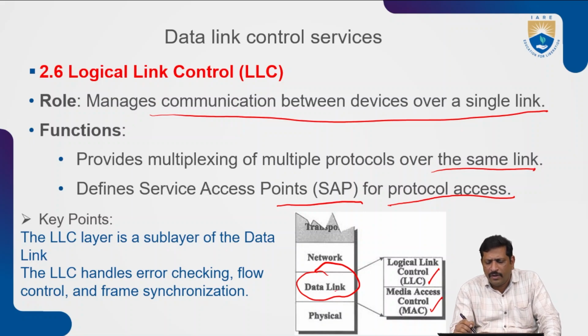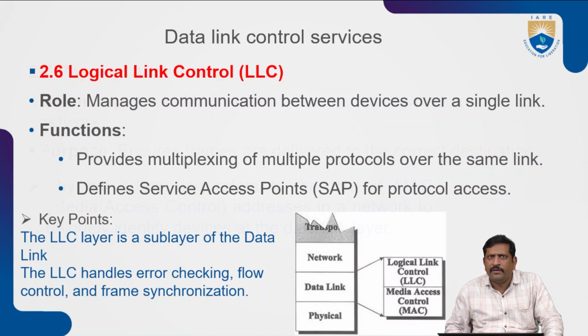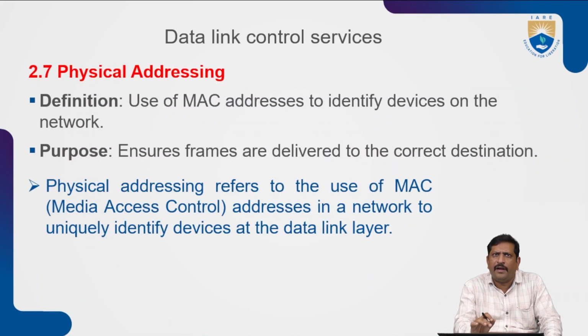And also another one, the MAC, that means the medium access control layer. This medium access control is one of the sublayers of the data link layer. With the help of this layer, we can identify the particular destination. Next is physical addressing. What does physical addressing mean?